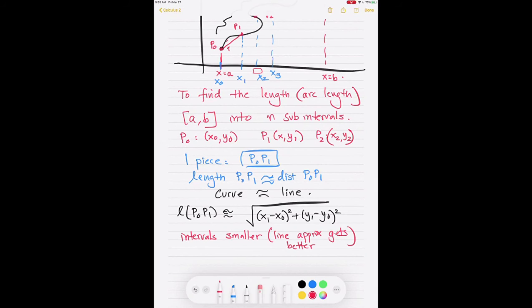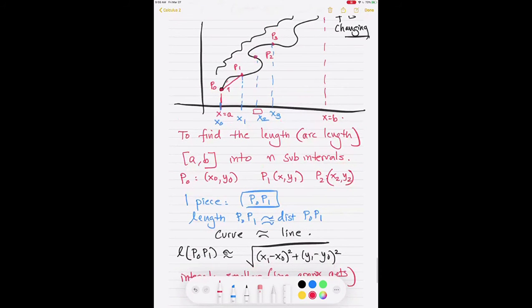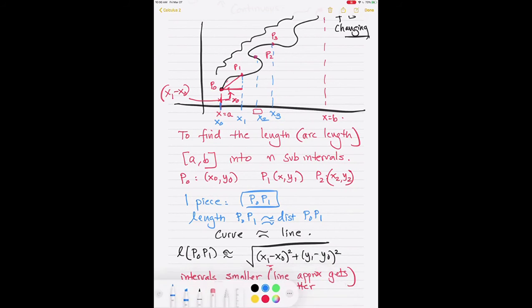More importantly, here we go. Again, stop writing. I'm saying, okay, this x1 minus x naught, I'm going to pull that out. Isn't this x1 minus x naught? With the same token, isn't this y1 minus y naught?